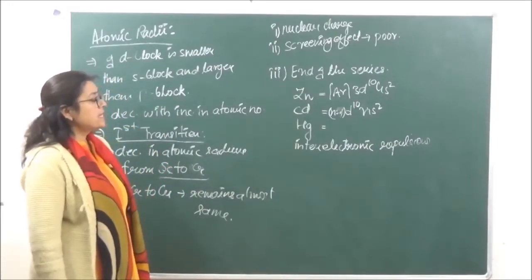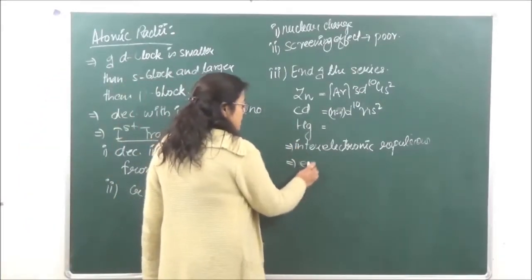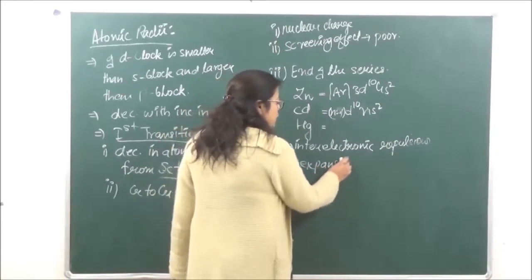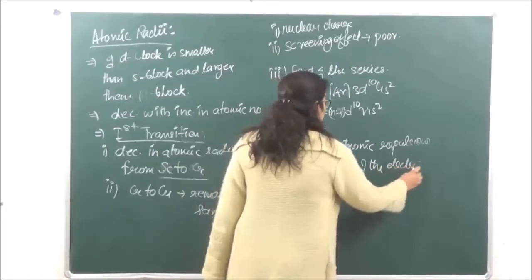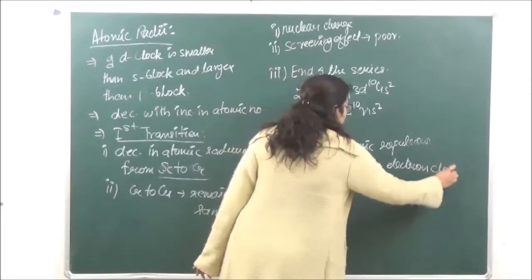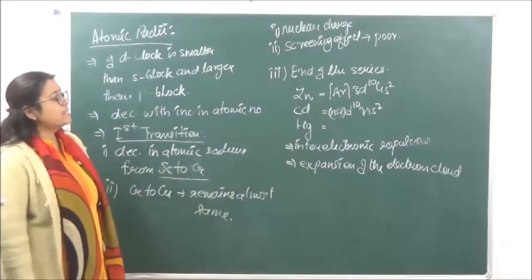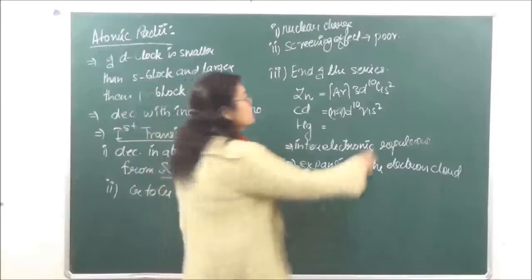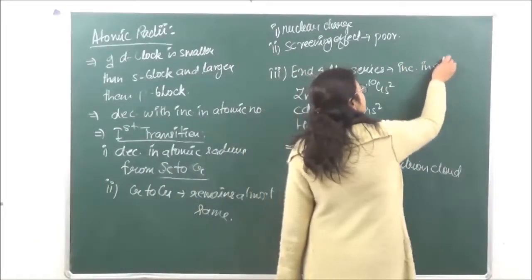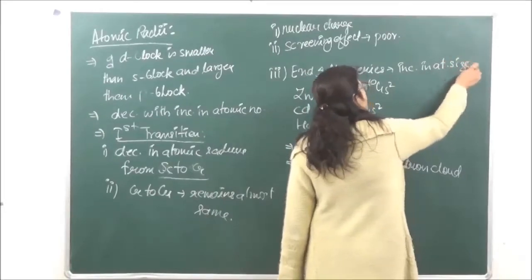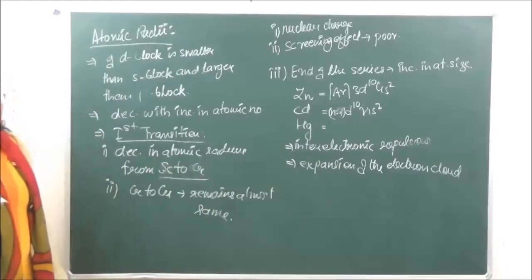Because of these inter-electronic repulsions, there is expansion of the electron cloud. Because of the expansion of this electron cloud, at the end of the series, there is always going to be an increase in atomic size. Okay, so basically we come across 3 things over here.